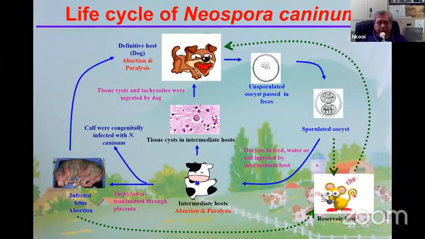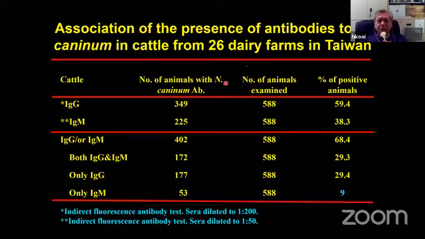All right, the next point I want to tell you is that when you do a serological survey, you need to look at IgG and IgM, because most of the research papers that they send to me for refereeing only do IgG, they do not do IgM.